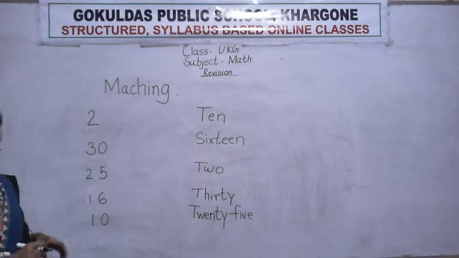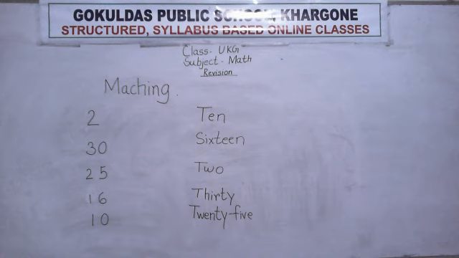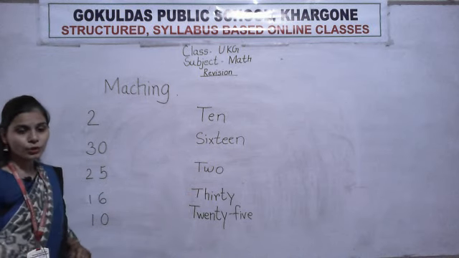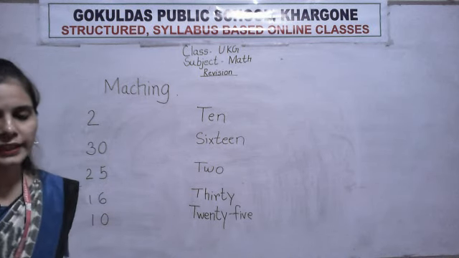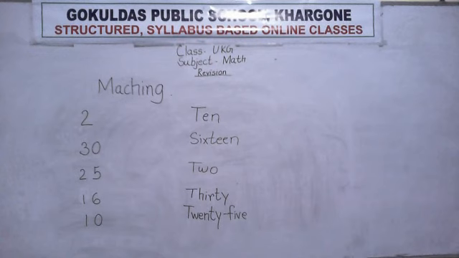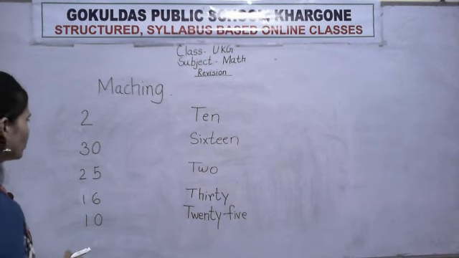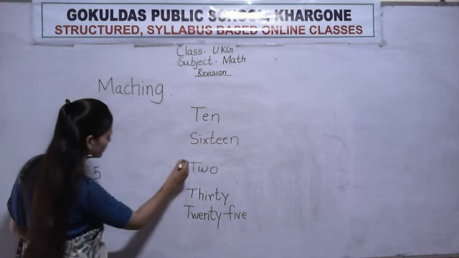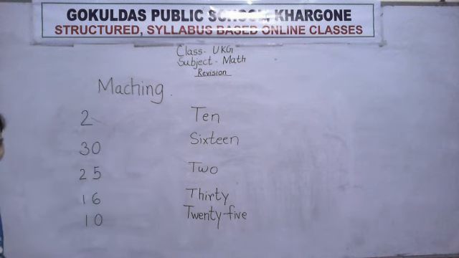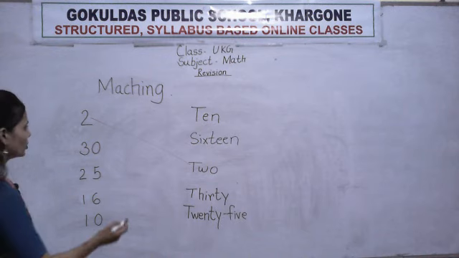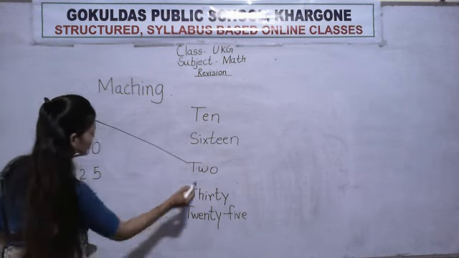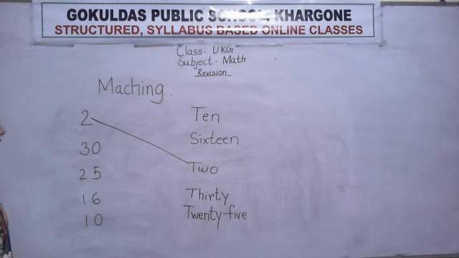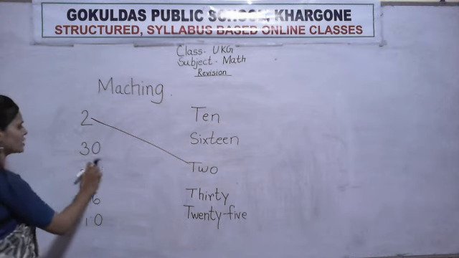Now tell me the spelling of 2. All of you say the spelling of 2. TWO. Okay. So where is TWO? You join TWO. Okay, now next. Which number of these?